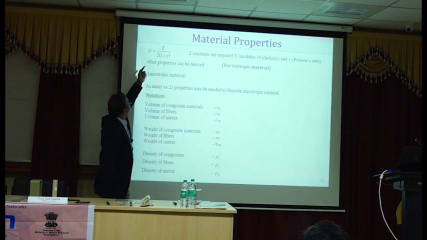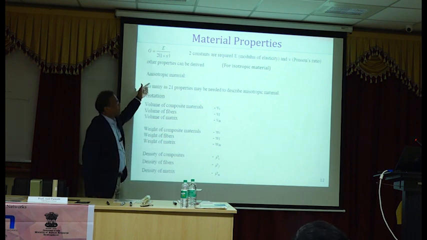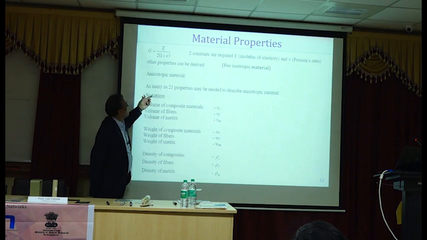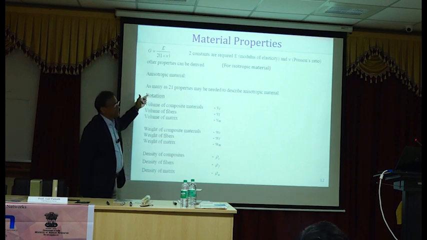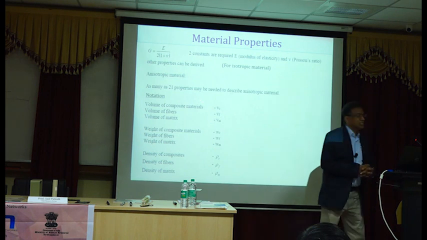Two constants, we use shear modulus equals modulus of elasticity over 2 times (1 plus nu). These are things that we are used to, but in case of materials with different properties in different directions, we need to probably have as many as 21 properties. So what's my notation?